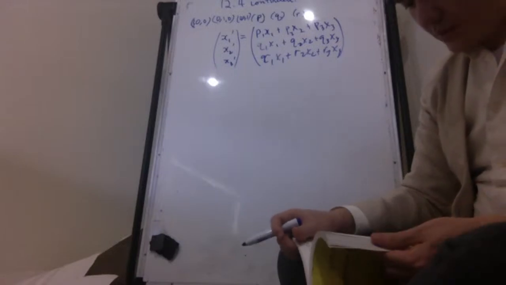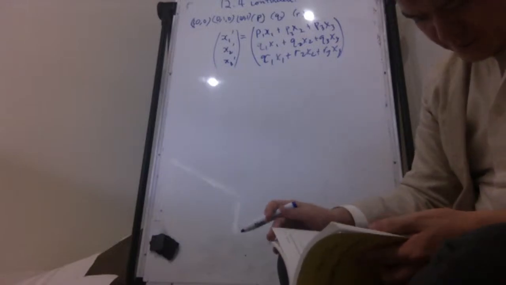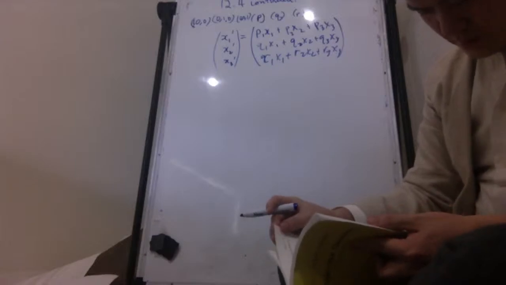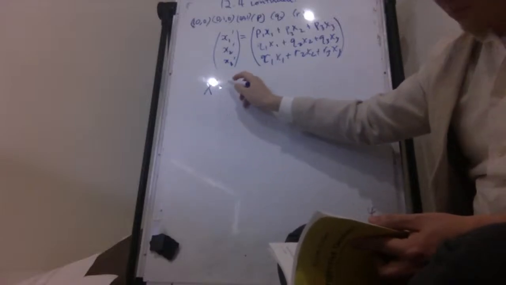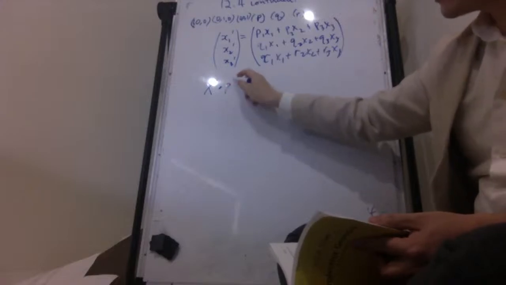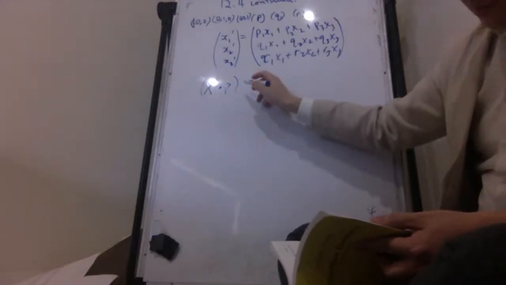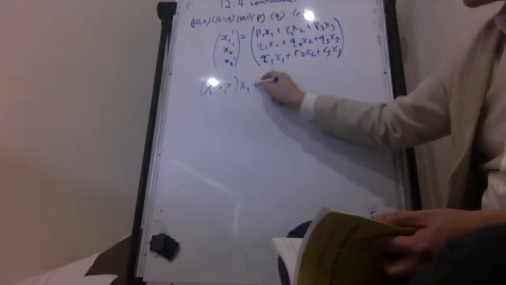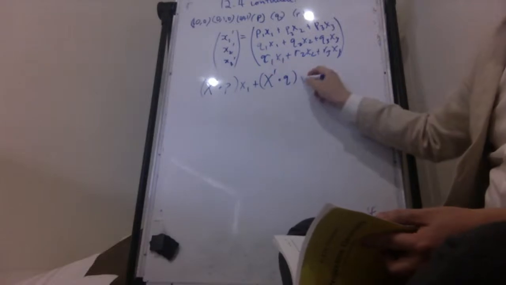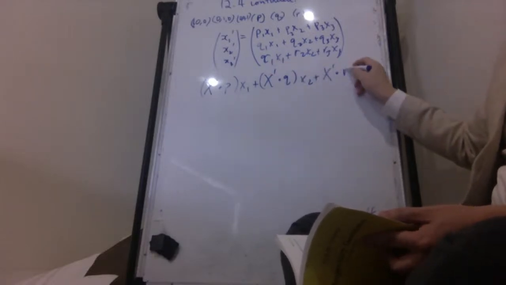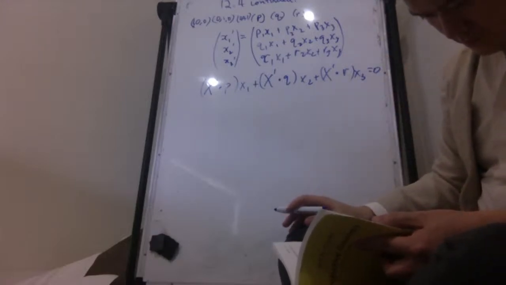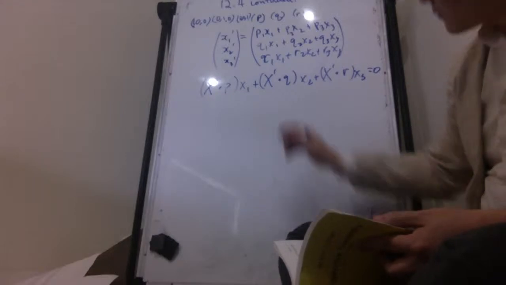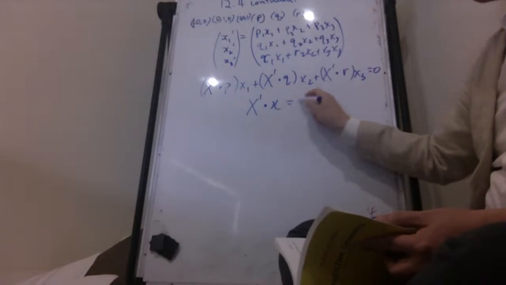Basically, the reason it preserves incidence, we'd already covered this, but it does come back, is because you have x prime dot p x1 plus x prime dot q x2 plus x prime dot r x3 equals 0, and x prime dot x equals 0.